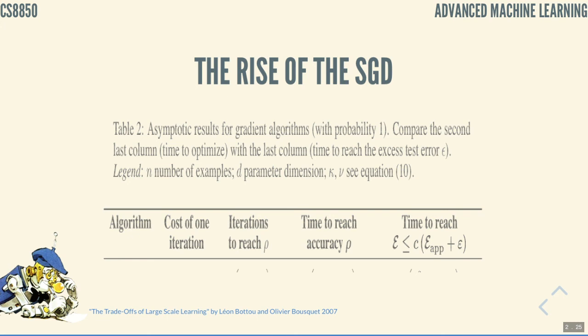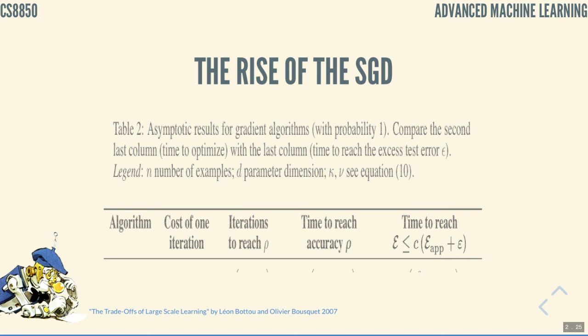The thing is that back in 2007, Leon Bottou and Olivier Bousquet published at the Neural Information Processing Systems conference a paper stating that as we are settling into the times of big data, classical batch optimization techniques are infeasible and require a lot of time and complexity, while stochastic gradient descent has a lot of advantages.